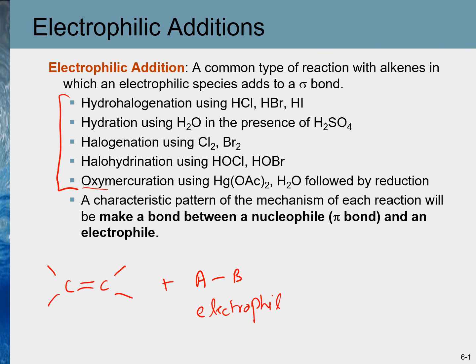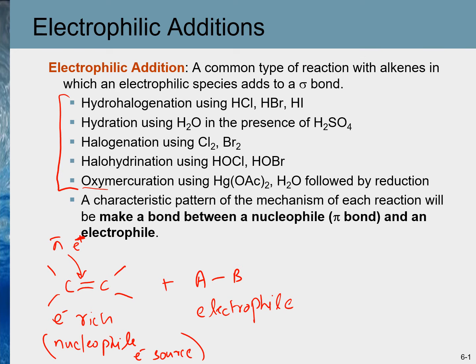So why does it need to be an electrophile? The reason is the presence of these pi electrons on our alkene makes our alkene electron rich. Electron rich means that this alkene is a nucleophile, or in other words, our alkene is an electron source.